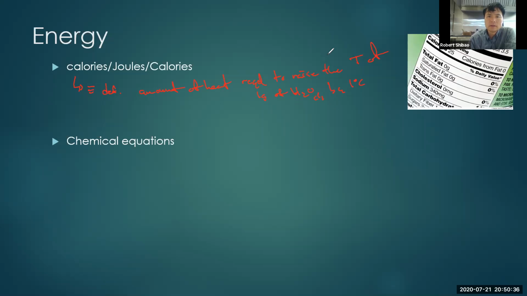So, 1 calorie per gram of water per degree C. This is called the specific heat of water.